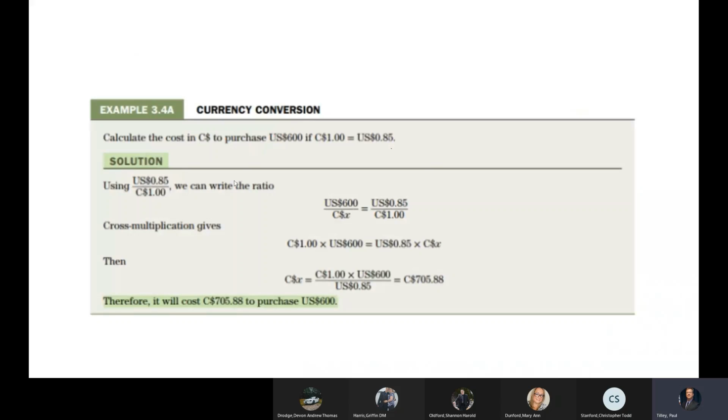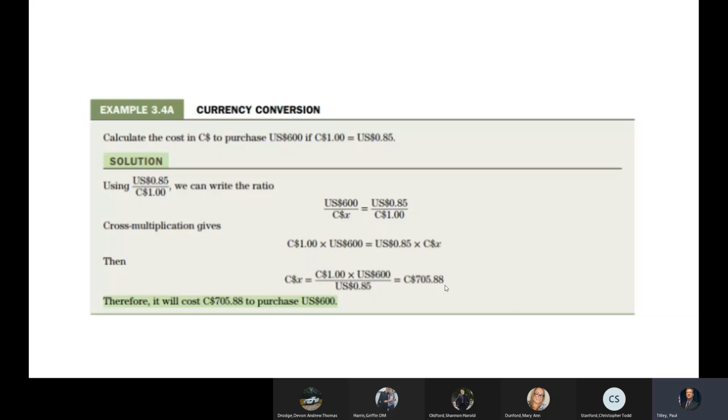We can do cross multiplication here in order to figure this out, but I like doing it intuitively as opposed to this way. We can take the 600 divided by 0.85. That will give us 705.88.